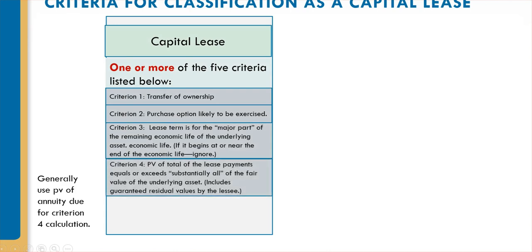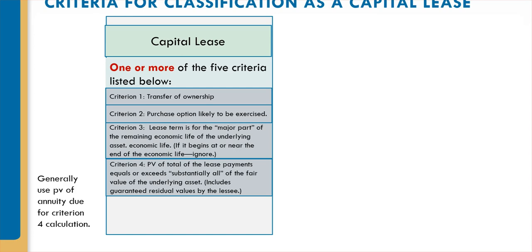So I cut off a bit of this. I'm very sorry. But this is very important. It's the criteria for determining whether you have a capital lease or an operating lease. So you either have a capital lease, which we also call a financing lease, or you have operating.